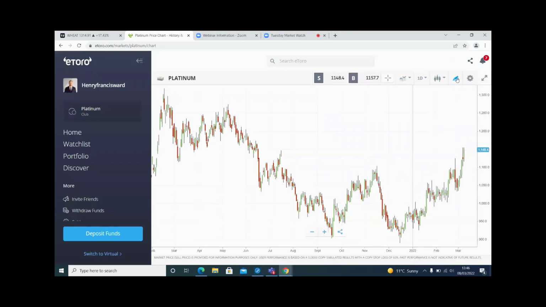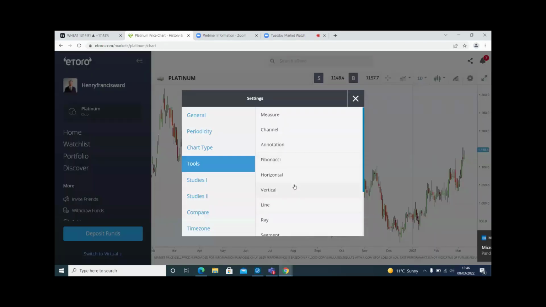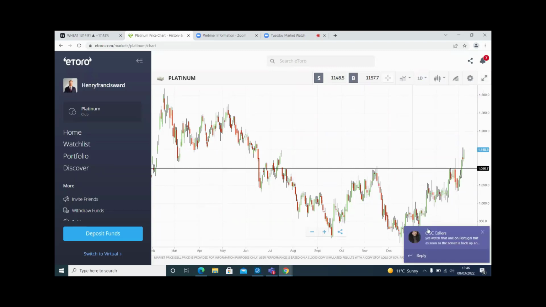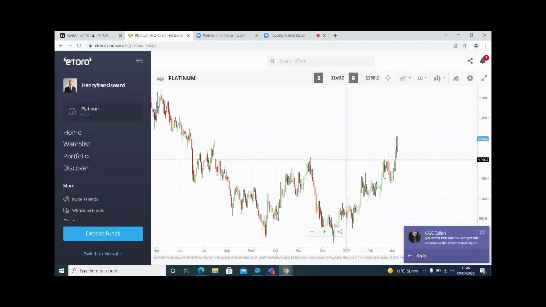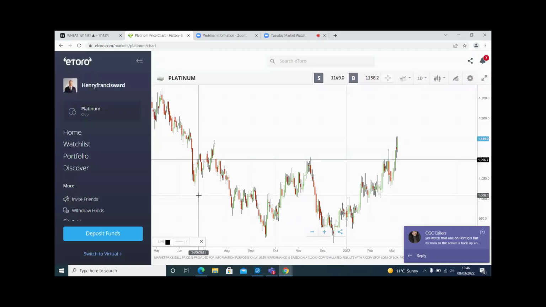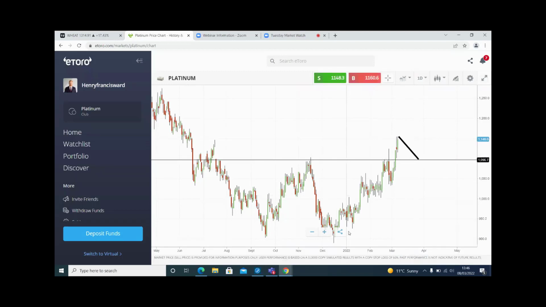Because of what's going on in the world at the minute, a lot of these things are jumping. A lot of these raw materials are spiking, they're doing what they should be doing, getting a little more expensive. Because when we have uncertainty, people like to have tangible assets. And that's exactly what's happening across the market here with the commodities.